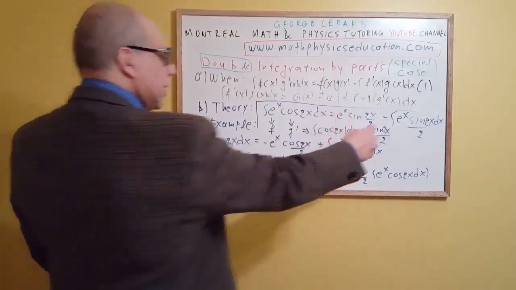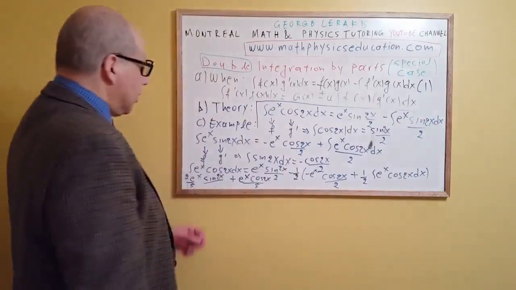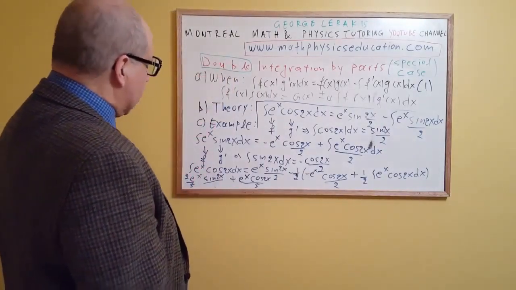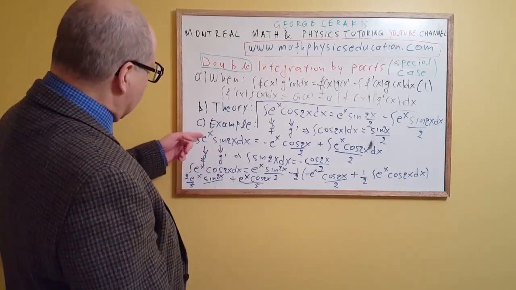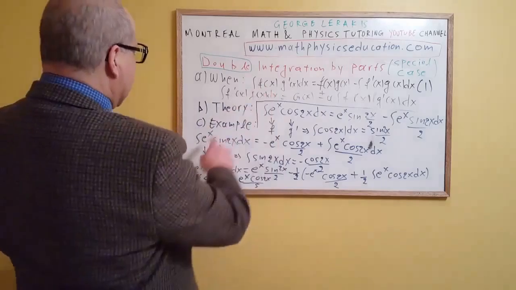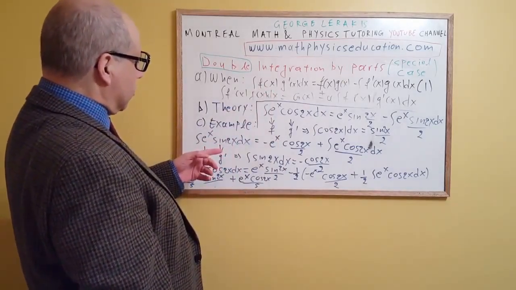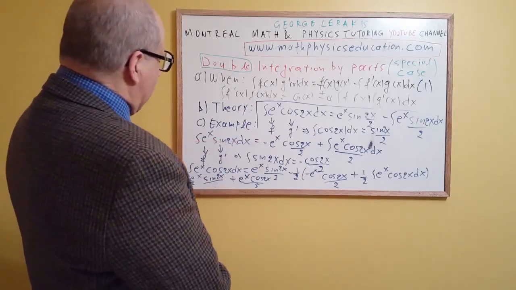You have now to find this integral here. So again here you use, that's why we call it double integration by parts, integration by parts again. Your f will be e to the x. The g prime of x will be sine 2x dx.